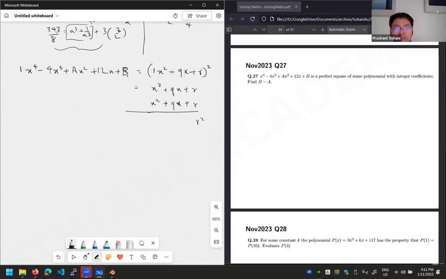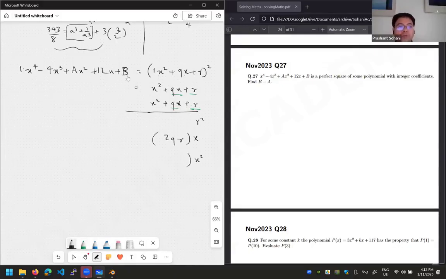Then for the term which has x, the only possibilities are the cross multiplications: qx into r, or this into this, qx into r. If I combine both together, I will get 2 times q into r.